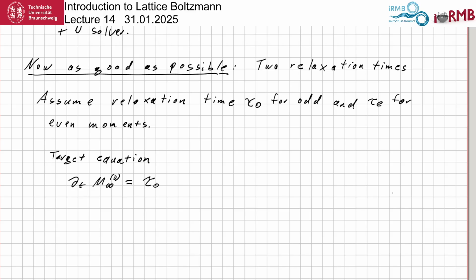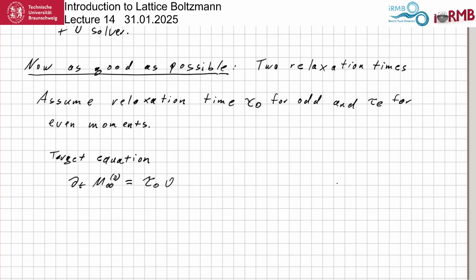So the moment that we had to relax, the moment in which we had the relaxation, was the first moment, yeah? So the first moment is an odd moment, yeah? Therefore, this here comes out to be tau odd, yeah?